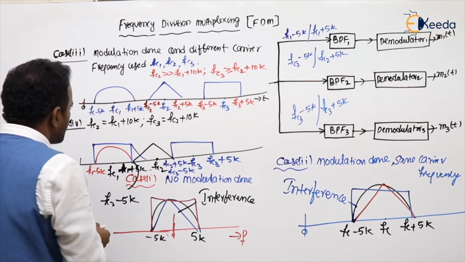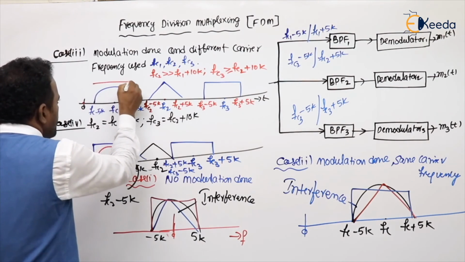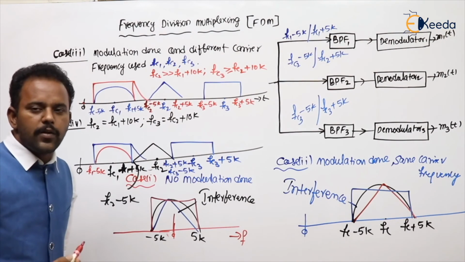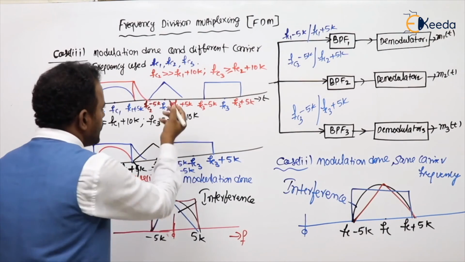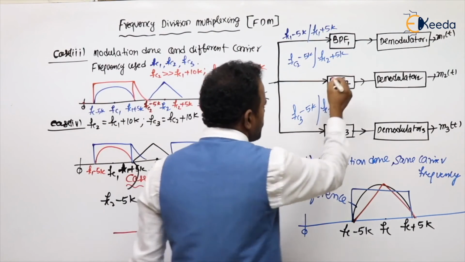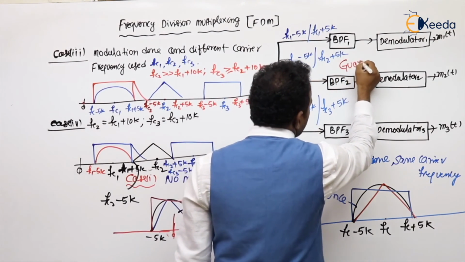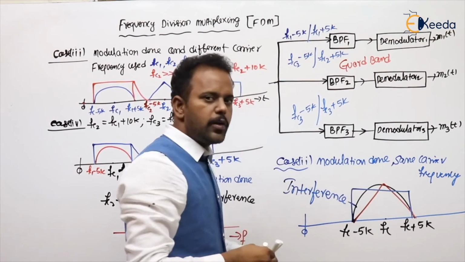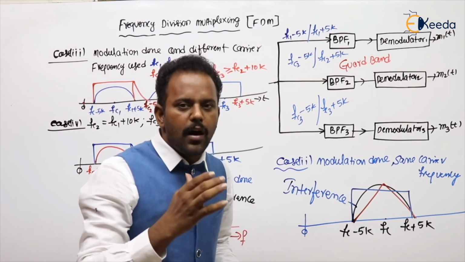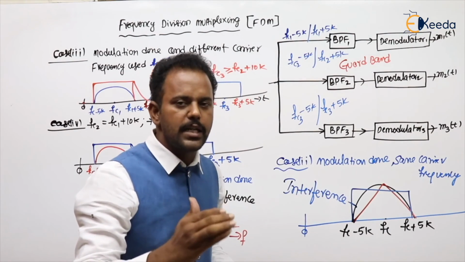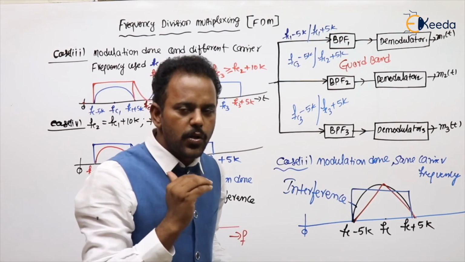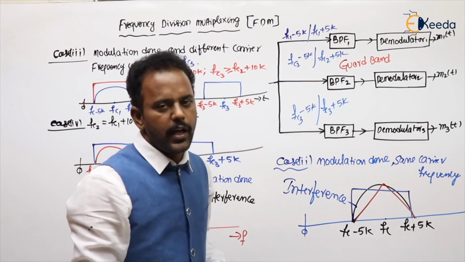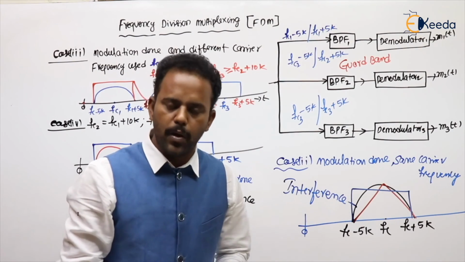If you maintain a gap, even if the filters are not ideal, there are no undesired frequency components. That gap itself is called, students, guard band. So we need to make sufficient guard band between the adjacent messages. Then there are no undesired frequency components from the bandpass filters, and no interference problem.